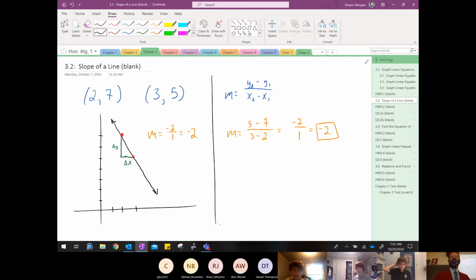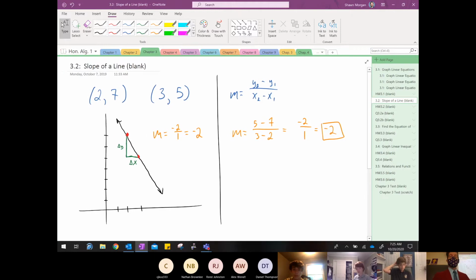If I had considered my first point, 7 minus 5 over 2 minus 3, that's going to give me 2 over negative 1, or the same value. So in your notes, write down, it really doesn't matter which point you call your second point and which point you call your, quote, first point.